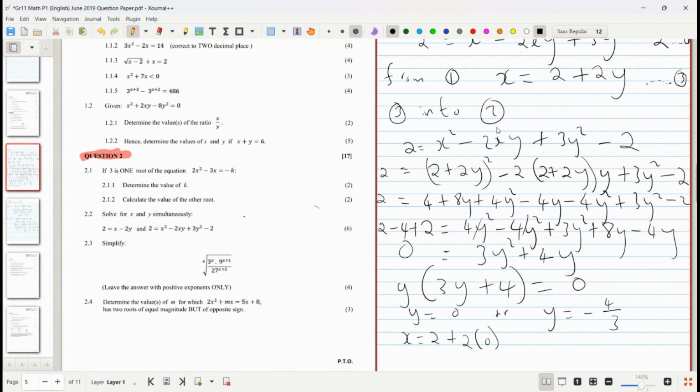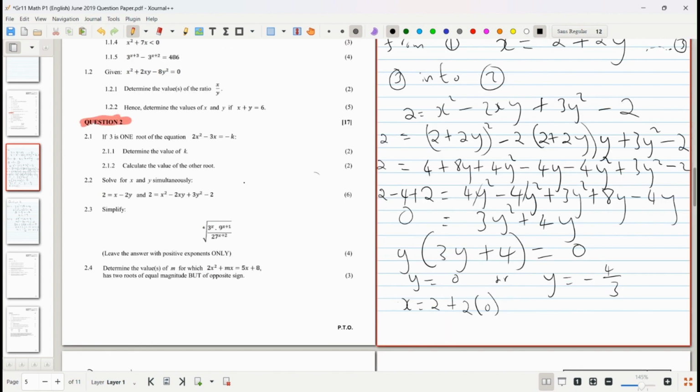So our value for x will be x equal to 2. Or here, x will be 2 plus 2 times the value for y, which is -4 over 3, right? We have -4 over 3. So we just need to simplify this.